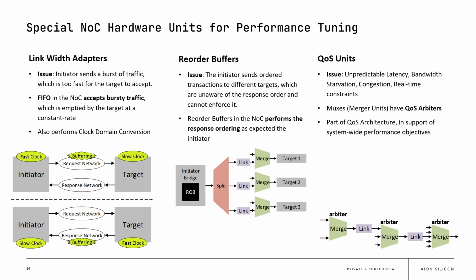If you have the opposite, where your initiator is at a slow clock but the target at a fast clock, then your response network requires buffering. So the link with adapters provides a mechanism for implementing this buffering in the NoC.